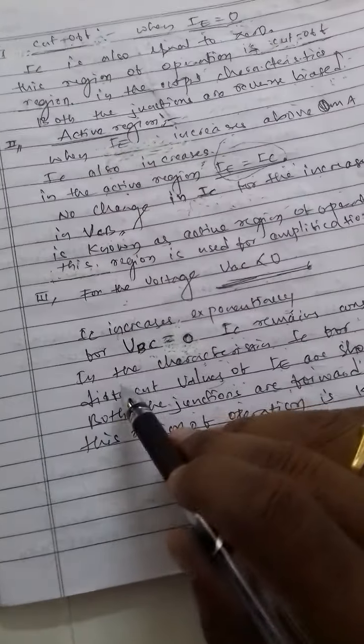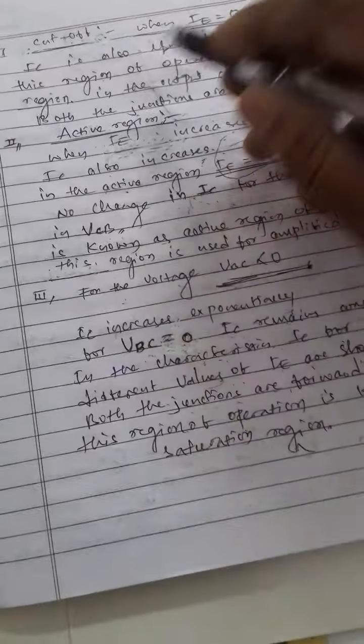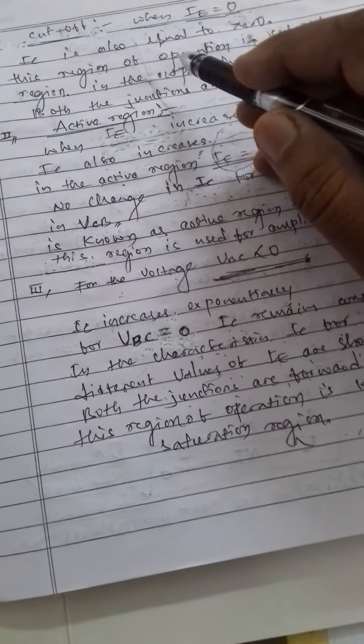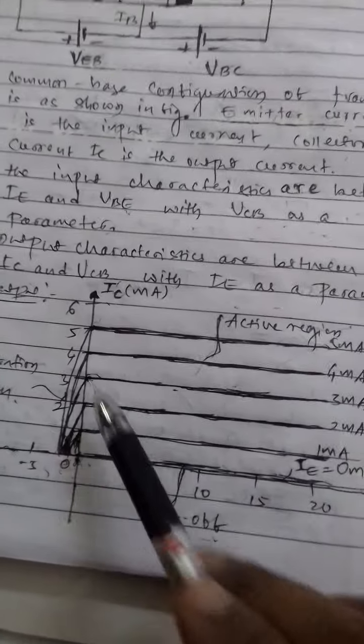Up to VBC equal to 0, the collector current increases exponentially. Correct, IC increases exponentially in these regions.